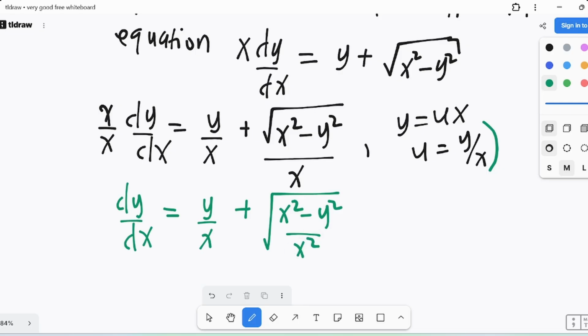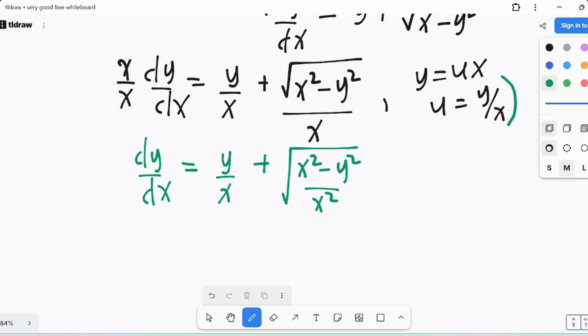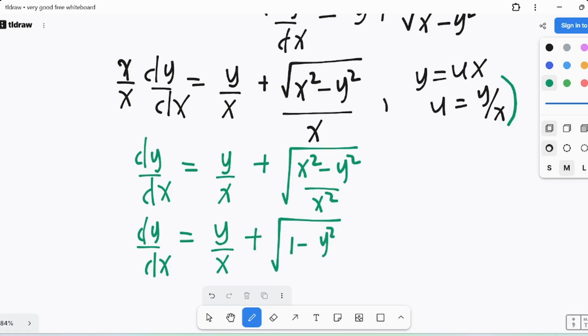Now going ahead to simplify, we can have our dy by dx is equal to y out of x plus square root of 1 minus y square out of x square.